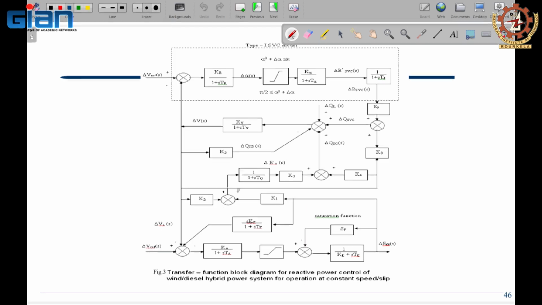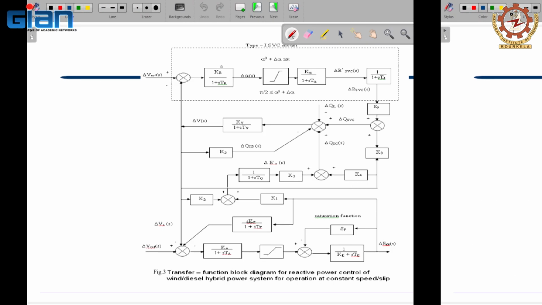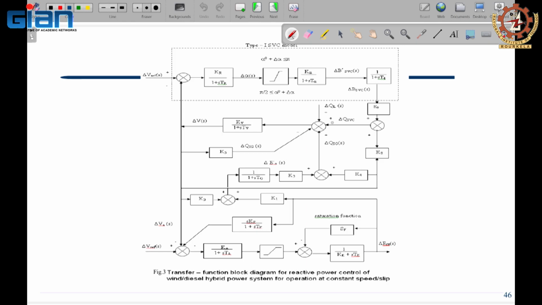Okay, so this part is your excitation system, this part you are seeing as your synchronous generator, and then of course here you are seeing the overall balance. Here you have this load, then whatever you have got, this SVC, that SVC signal is coming here. All this power you are trying to balance here.